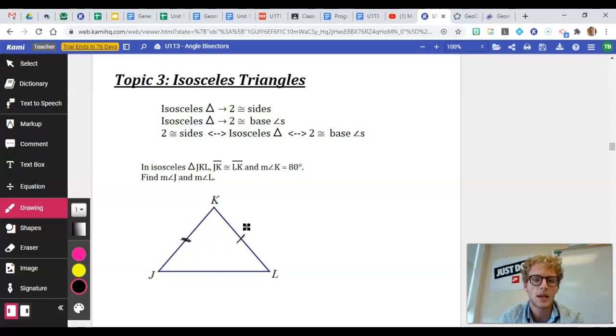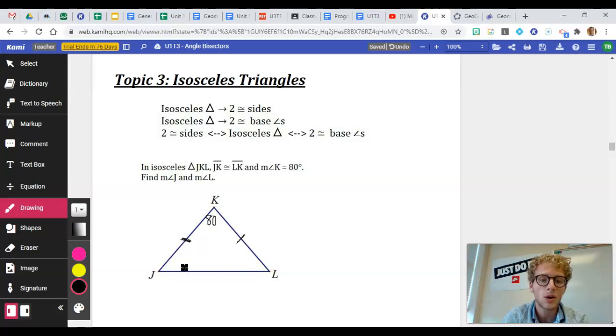Those are the two sides that are congruent for our isosceles triangle. And the measure of angle K is 80 degrees. So we're going to write down that this is 80 degrees. We need to find the measure of angle J and the measure of angle L.